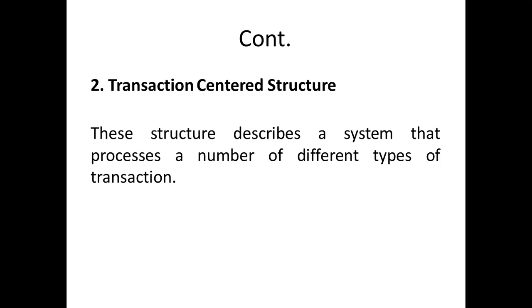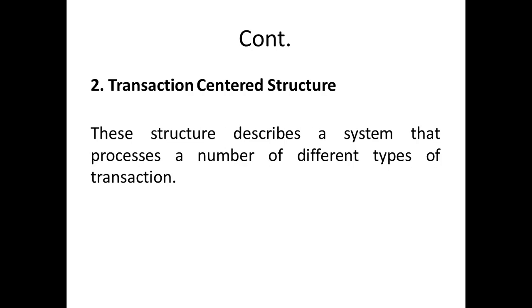So if a transaction takes place, then we can use this type of structure. How the transaction takes place means how the data flows from one module to another module, or from one module to a sub module.